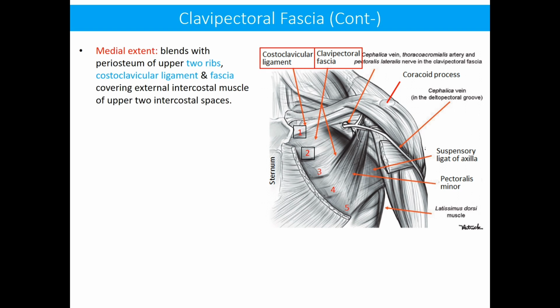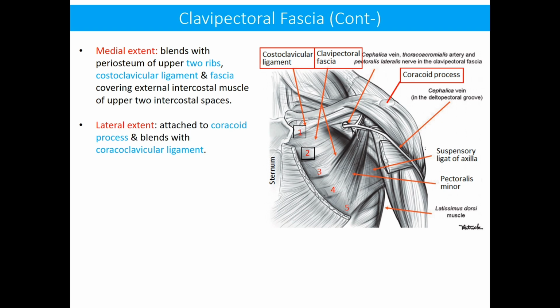The clavipectoral fascia at its medial extent blends with the periosteum of upper two ribs, costoclavicular ligament, and fascia covering the external intercostal muscles of the upper two intercostal spaces.